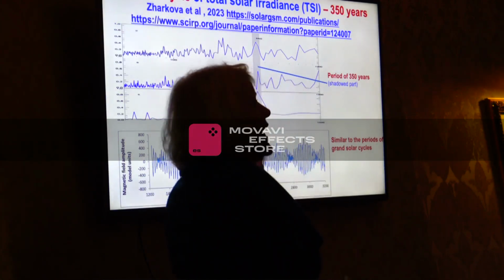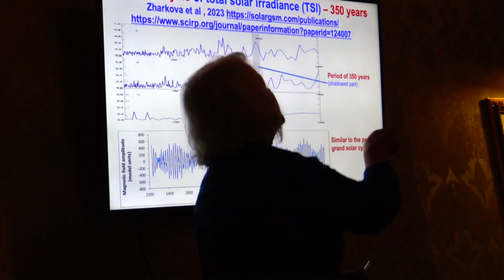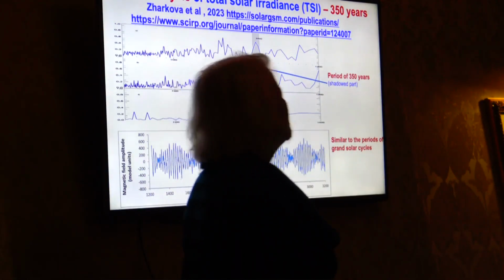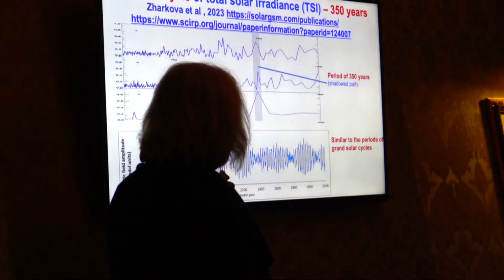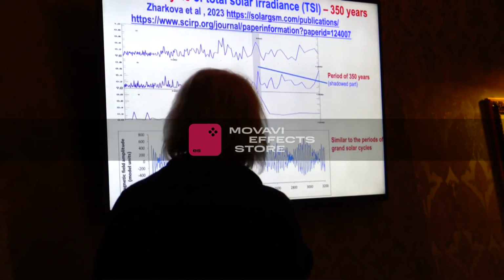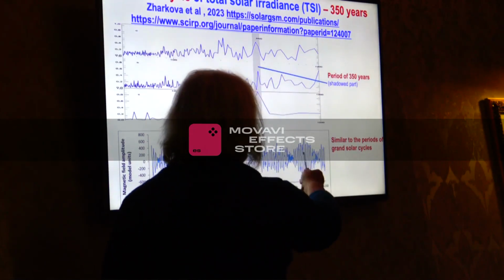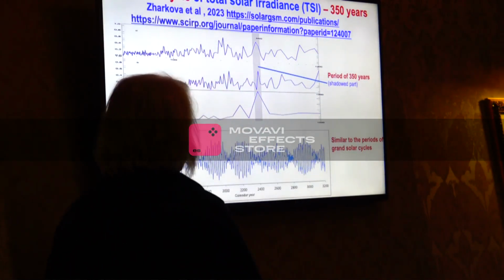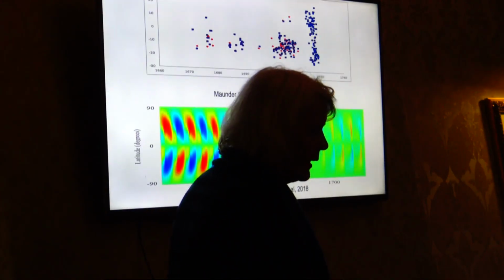Again, it was there, but people didn't know where to look. You always need to tell them, look at that part. Oh, we don't want to look. Okay, it's of course a problem. But now this grand solar cycle, this one 330, this one 380. In general, we have 5 grand solar cycles, and between them, 5 grand solar minima.